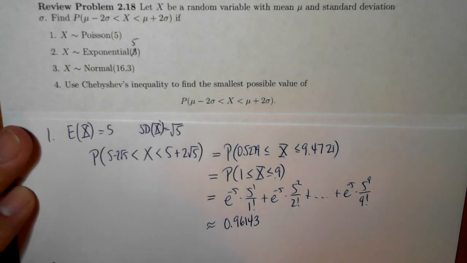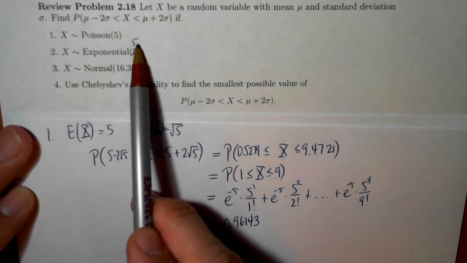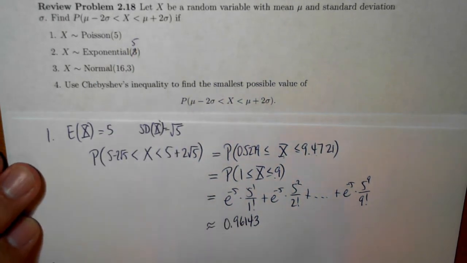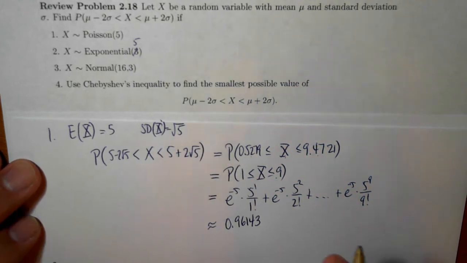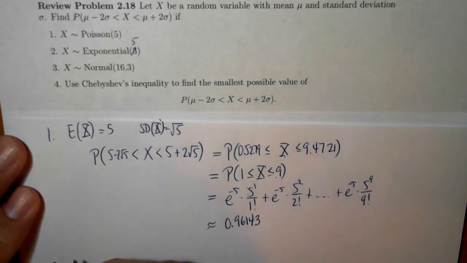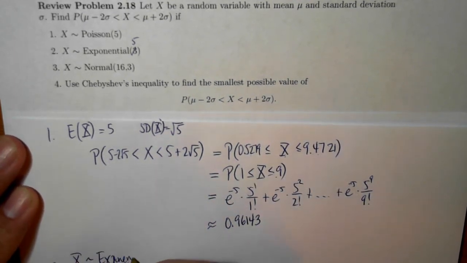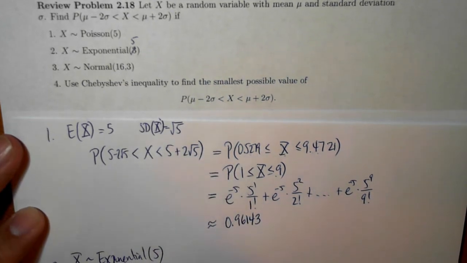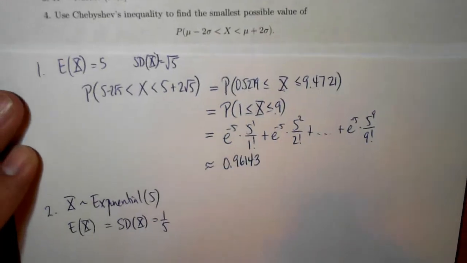Number 2. Suppose exponential with parameter 5. That's a misprint here. I'll correct that for the review sheet. So if x is exponential with parameter 5, then we know that the expected value of x and the standard deviation of x are both equal to 1/5.